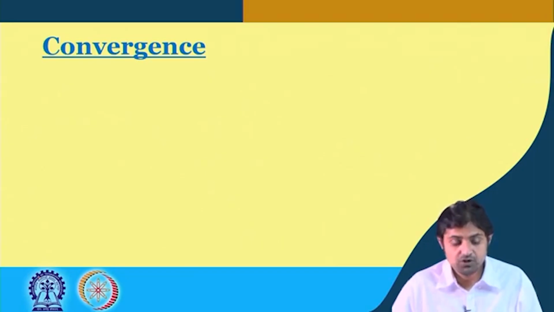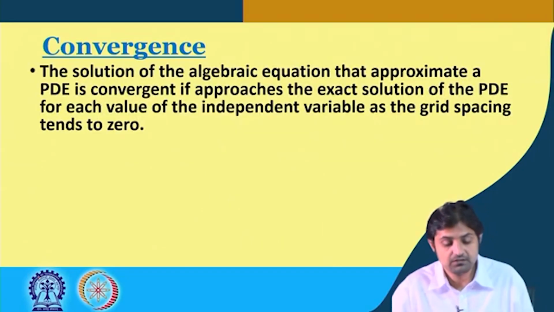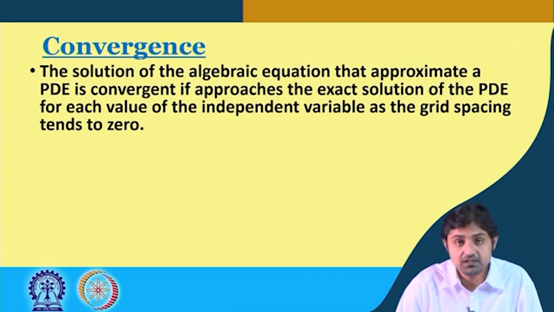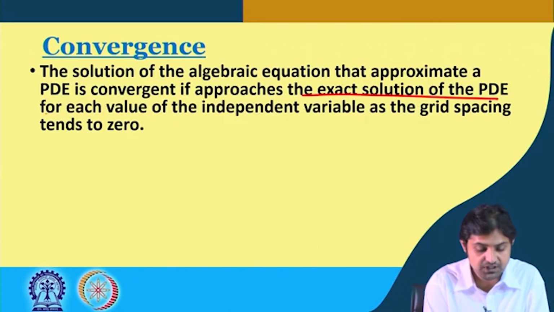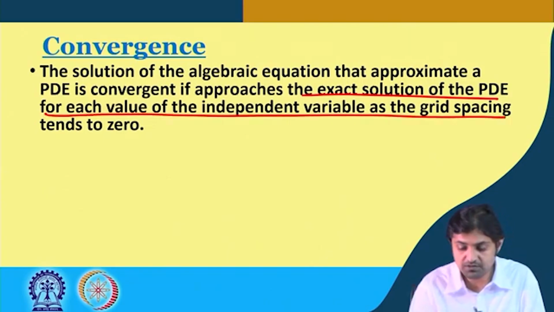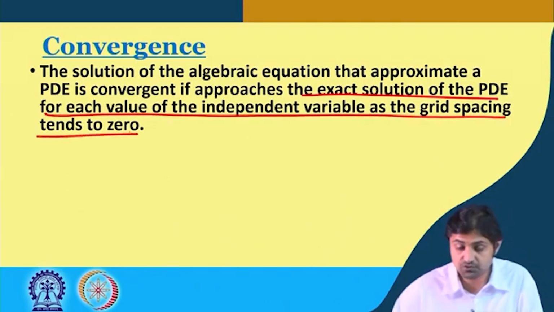There is another term called convergence. The solution of the algebraic equation that approximates a partial differential equation is convergent if it approaches the exact solution of the PDE for each value of the independent variable as grid spacing tends to 0.